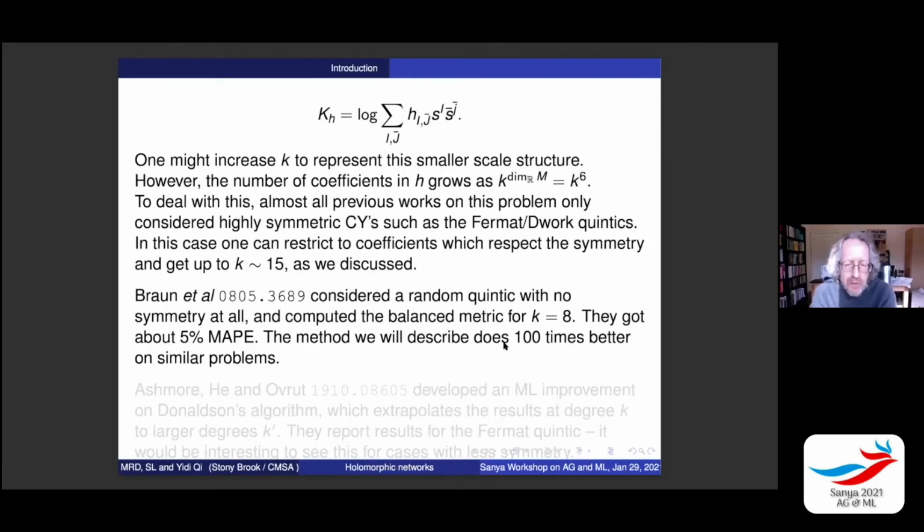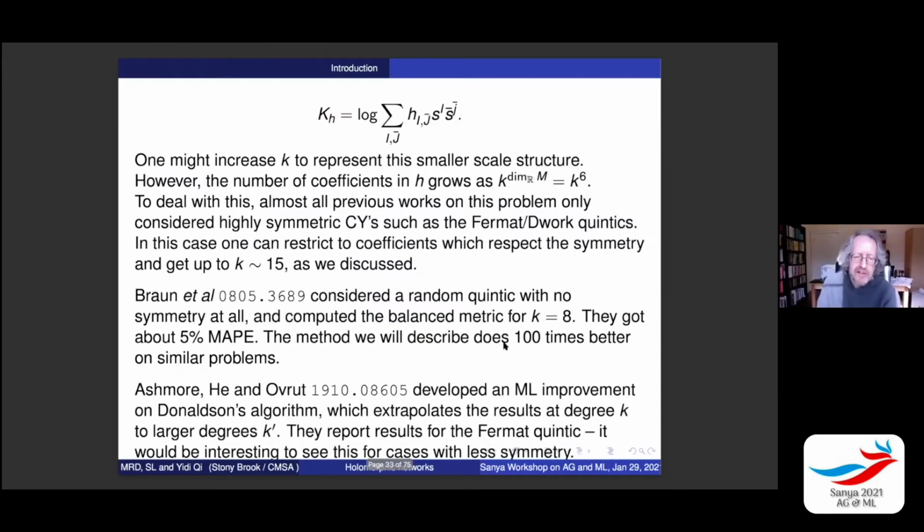So the method still works for problems with no symmetry, but then again the calculations become very large, and these other sources of error become very large.